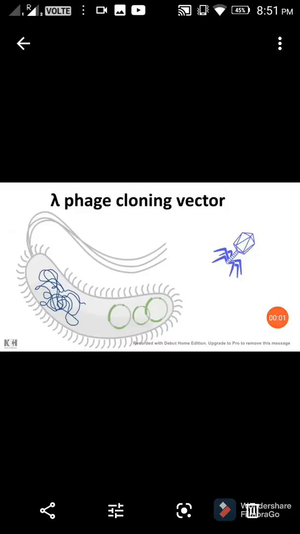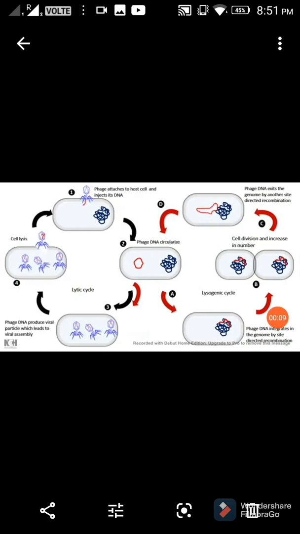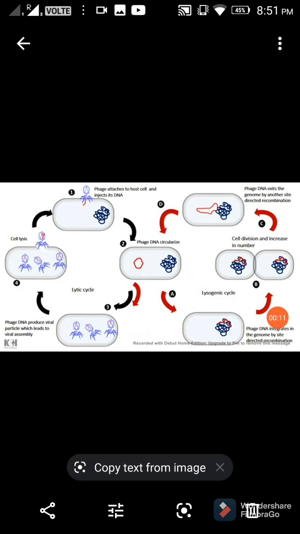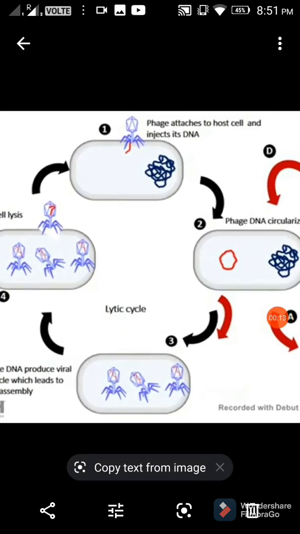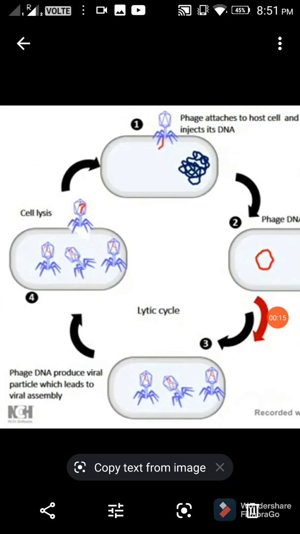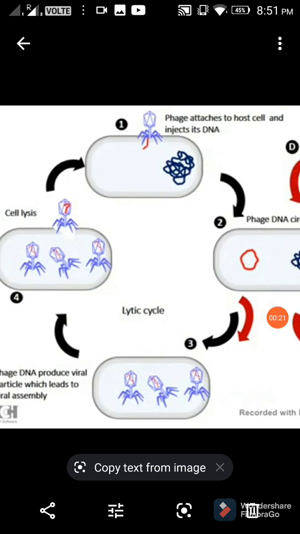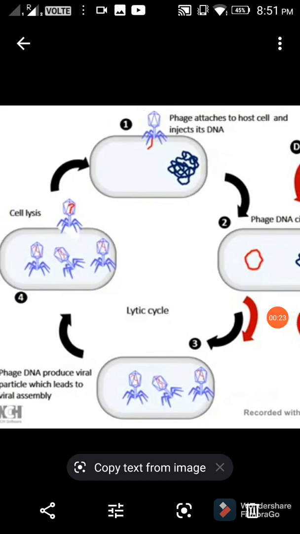So let's take a look at the life cycle of this virus when it infects the E. coli cells. Just take a look at this figure. First, we will take a look at the lytic cycle. As you can see, the first thing which happens is that the phage attaches to the host cell and injects its DNA into the cytoplasm of the host cell in figure 1.